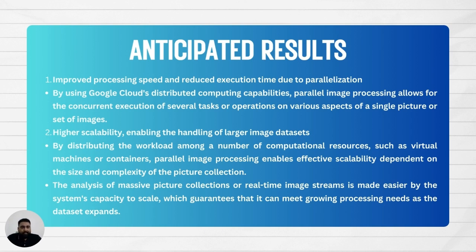By distributing the workload among a number of computational resources such as virtual machines or containers, parallel image processing enables effective scalability dependent on the size and complexity of the picture collection. The analysis of massive picture collections or real-time image streams is made easier by the system's capacity to scale, which guarantees that it can meet growing processing needs as the dataset expands.